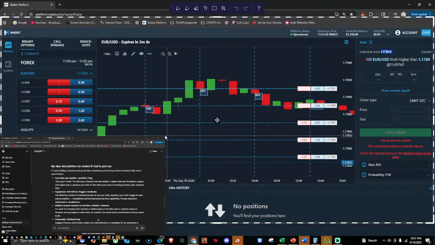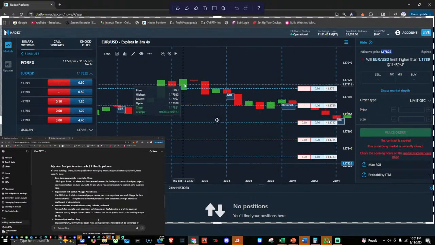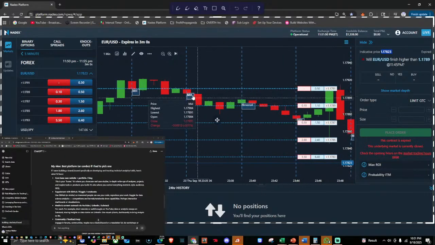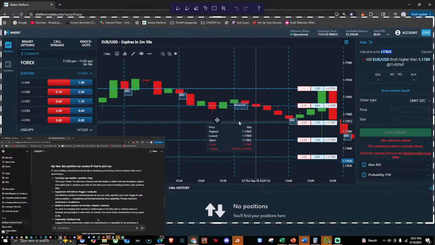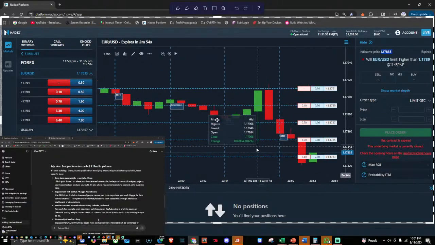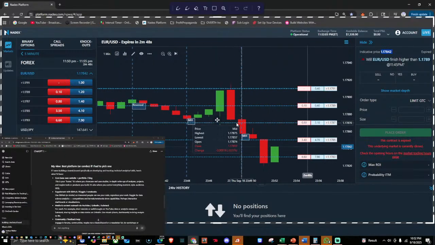This one, 1, 2, 3 zones. This one, 1, 2 zones. This one, 1, 2 zones. This one, 2 zones. This one, 4 zones. Yeah, so it doesn't look like we're heading in the right direction in terms of behavioral patterns.